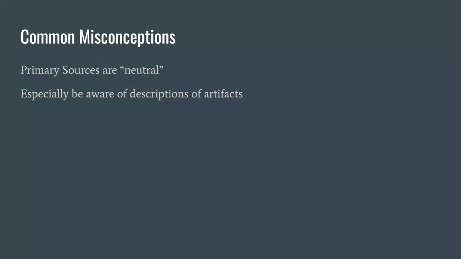Another thing to be aware of is anything that comes with a more modern explanation, and by more modern, I just mean after it was created. So it could be from the 1800s, this explanation of something from the 1600s. That's also bias. The description is also bias.